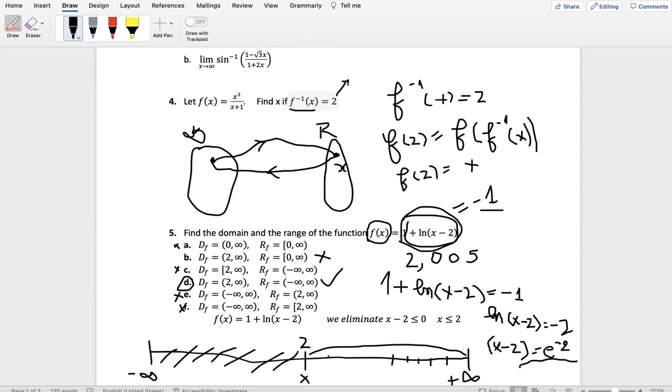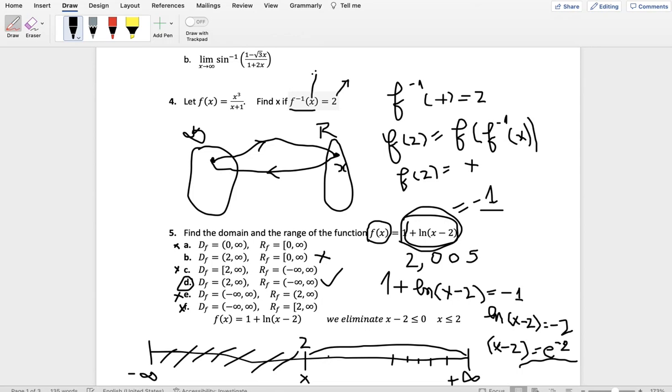Okay. So basically, if I could explain it any better, this x in the f inverse is coming from what?